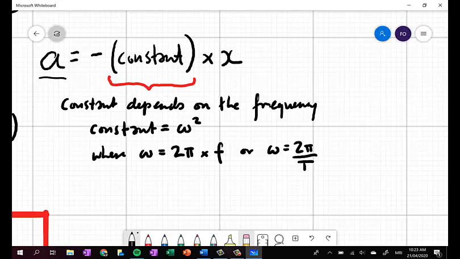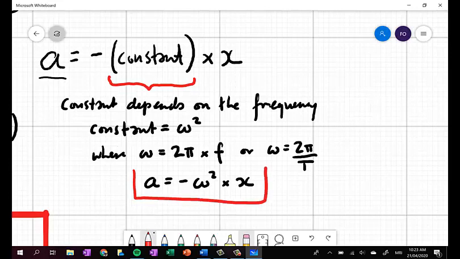So basically, if we want to write out this equation the way that it is in your notes, we can say that the acceleration is equal to negative omega squared times x. And this is useful to know because now we can relate the acceleration to the displacement by just multiplying the displacement by 2 pi divided by the time period squared.